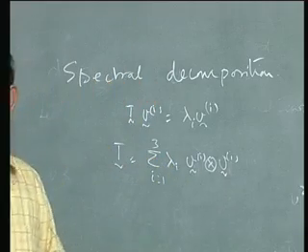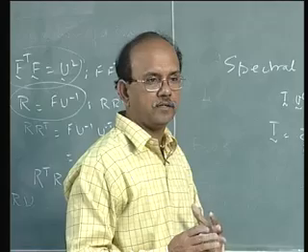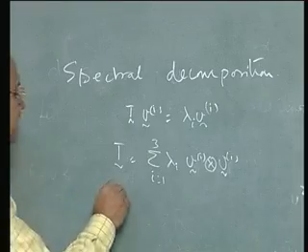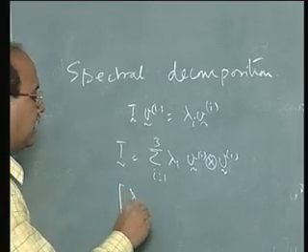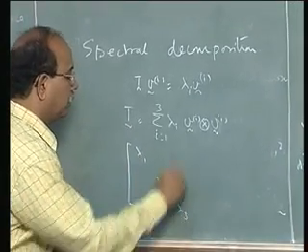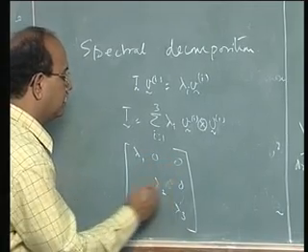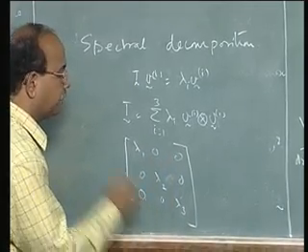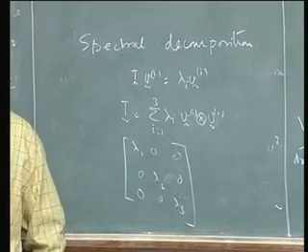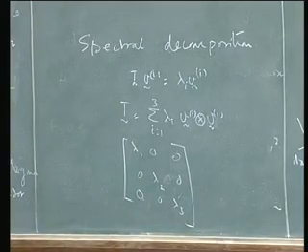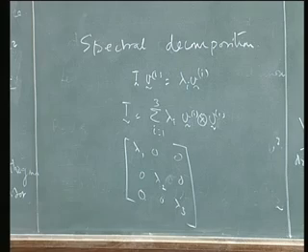So when the basis is shifted to these eigenvectors, then T can be written as say lambda 1, lambda 2, lambda 3, the others being 0. Is that clear?